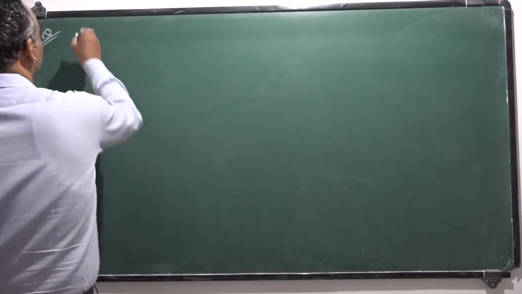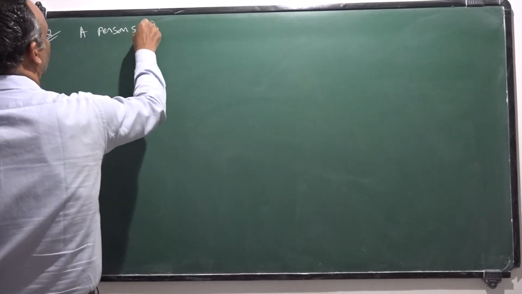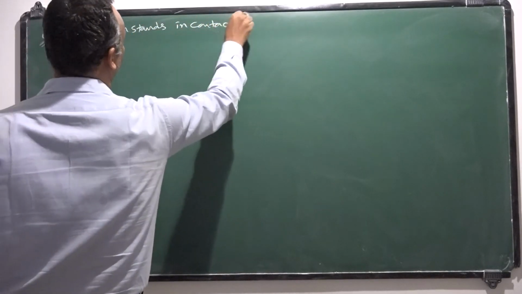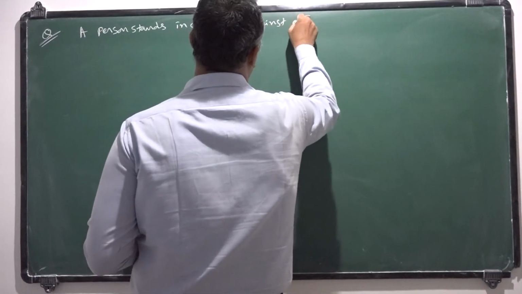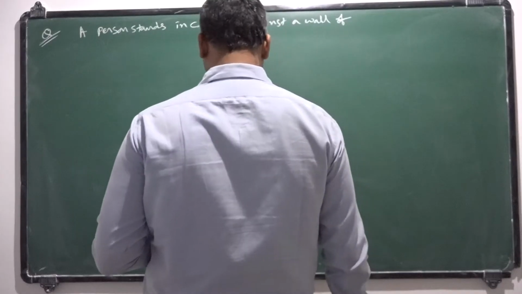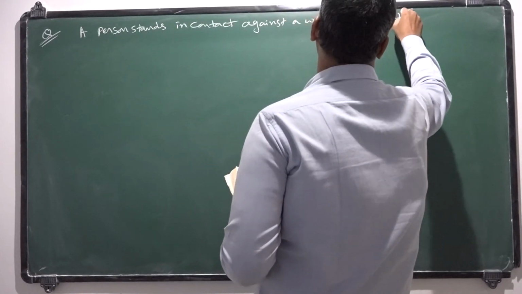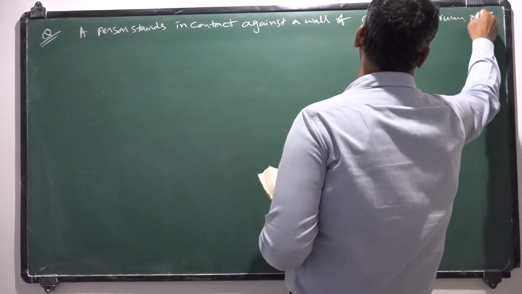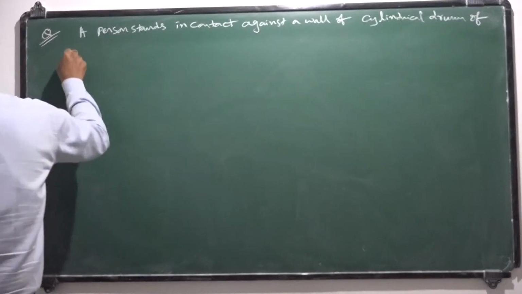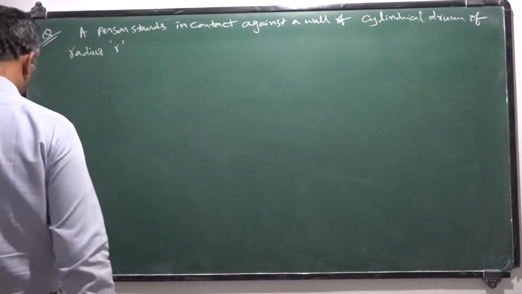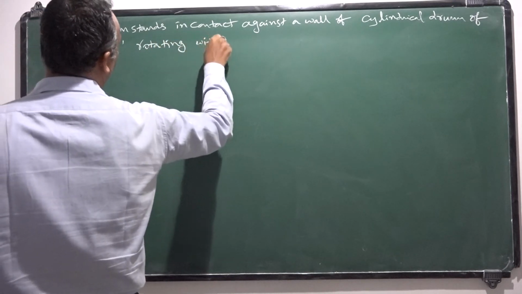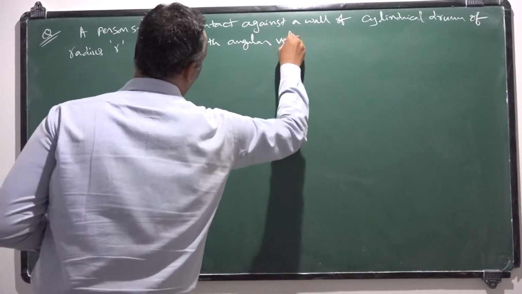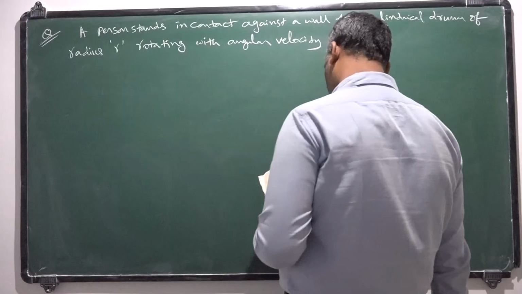The question says, a person stands in contact against a wall of a cylindrical drum of radius r, rotating with angular velocity omega.